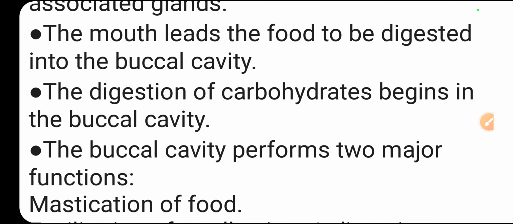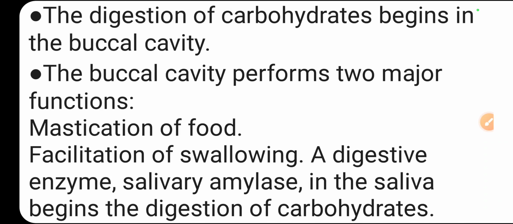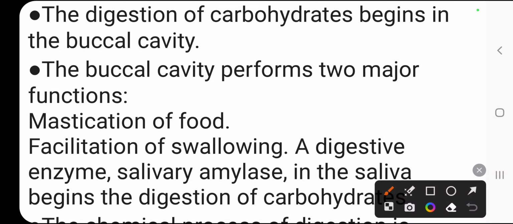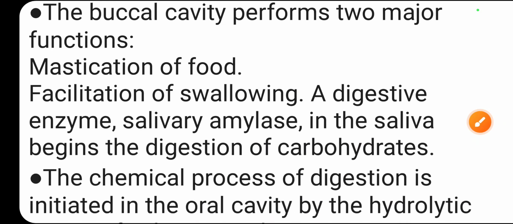The mouth leads to the buccal cavity. Digestion of carbs takes place in the buccal cavity and it performs two major functions. This is a new thing mentioned here, that it performs mastication of food and facilitation of swallowing. A digestive enzyme, salivary amylase, in the saliva begins the digestion of the carbohydrates.